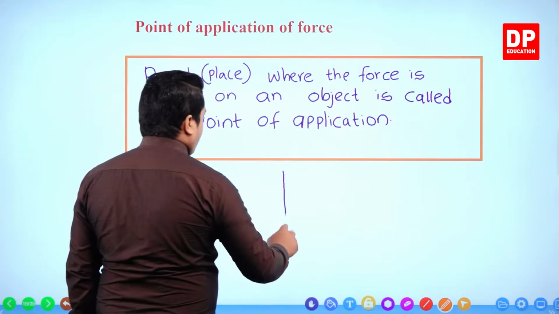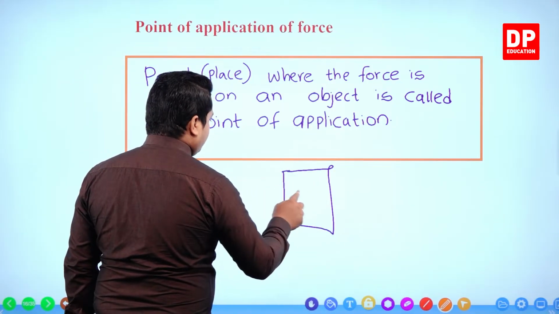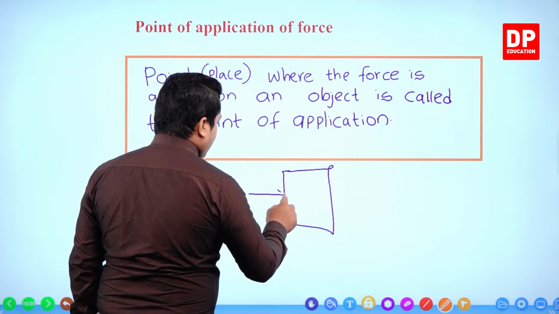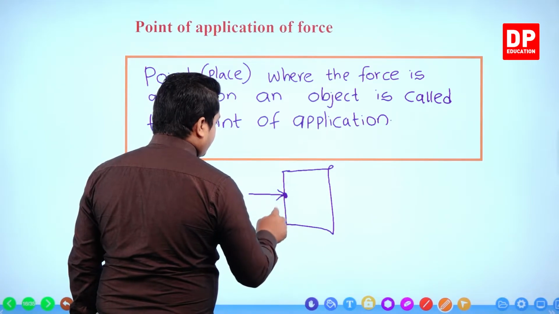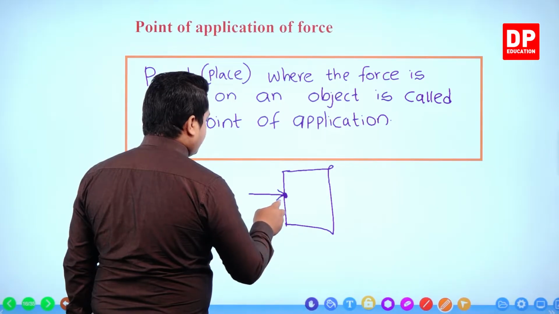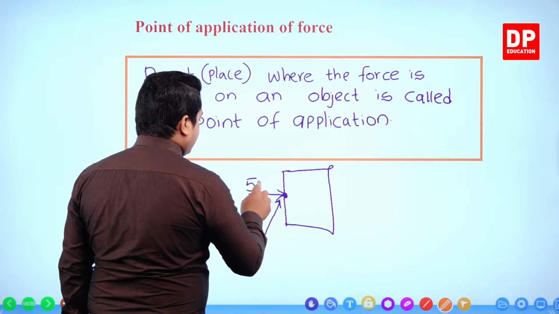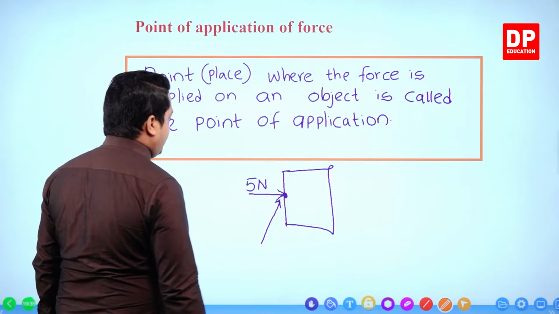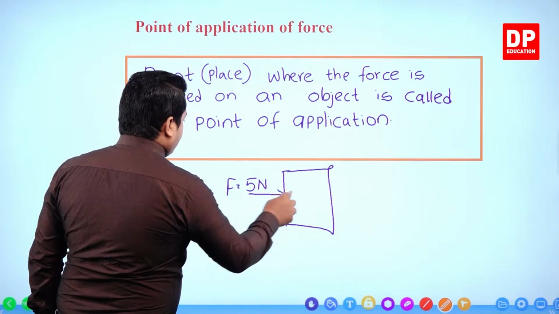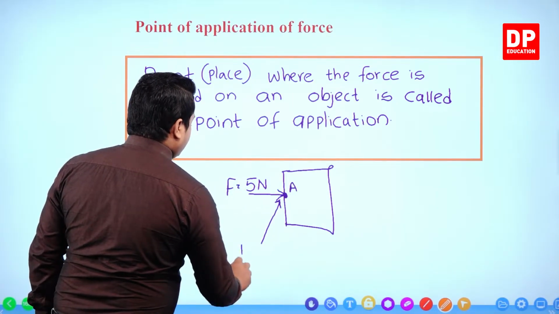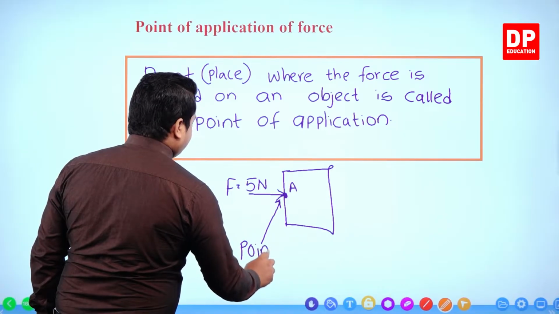So if I'm going to apply a force like this on this point, this is the point of application. Let's say 5 Newton of force is being applied in here.